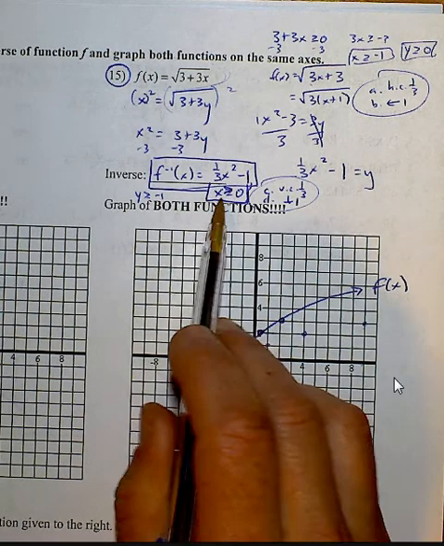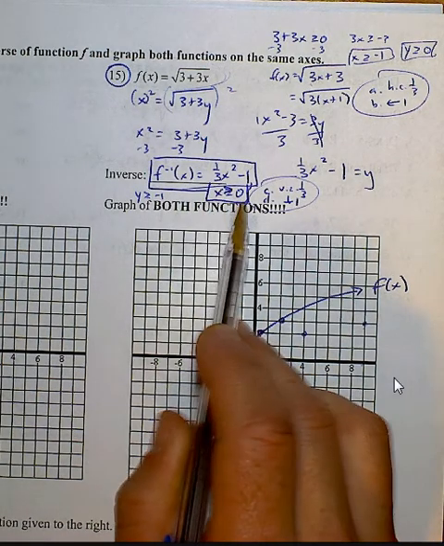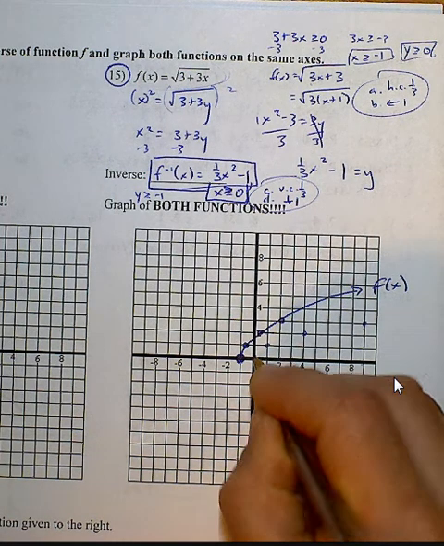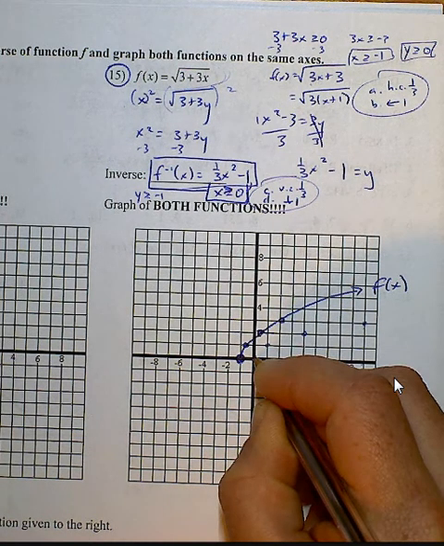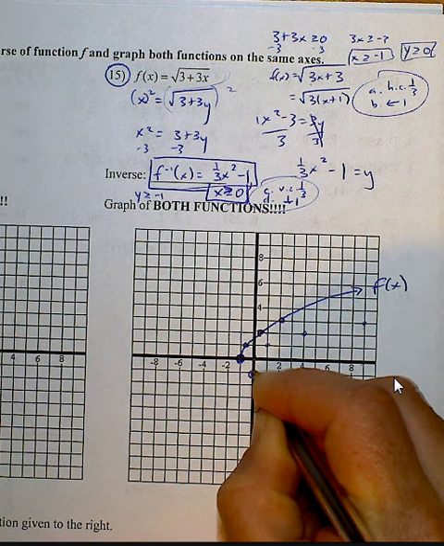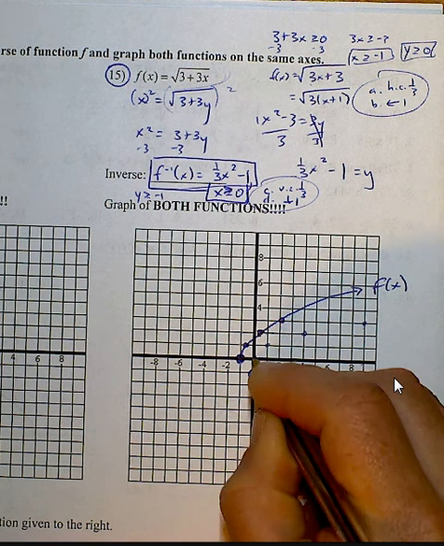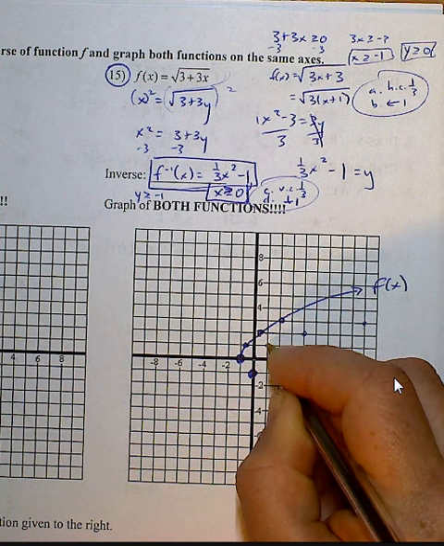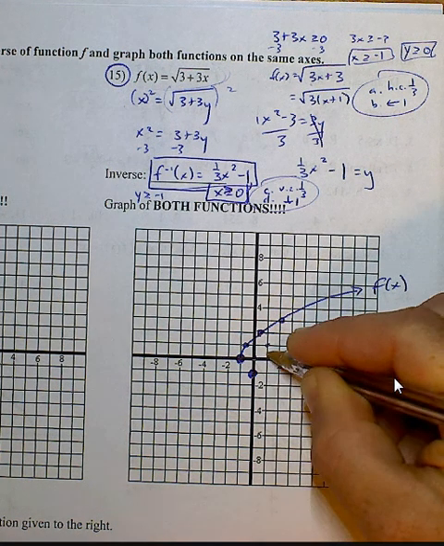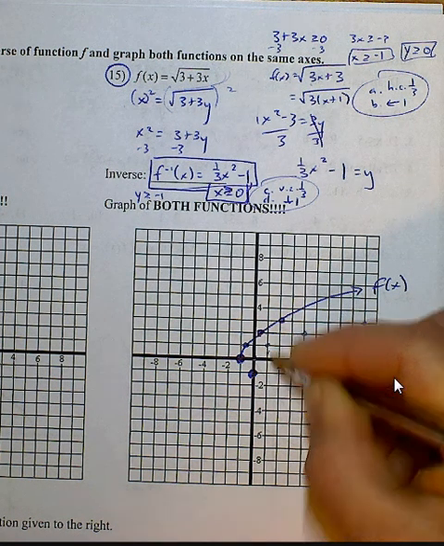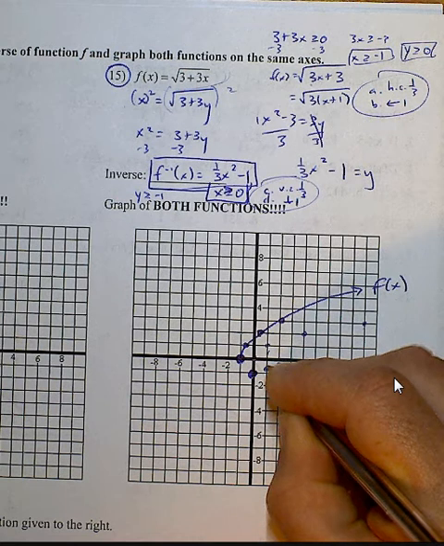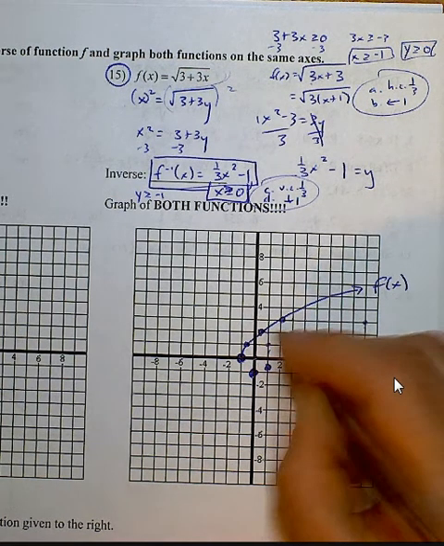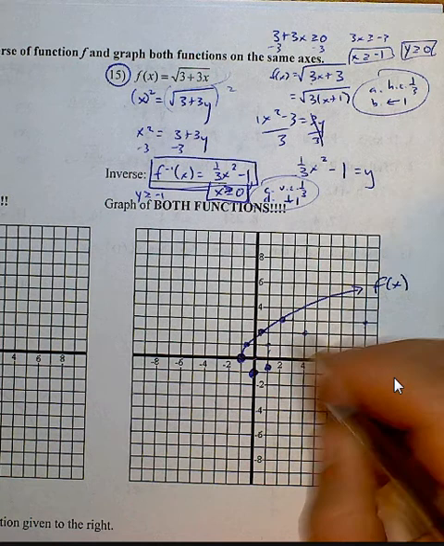So I'm only graphing this function when x is greater than or equal to 0. So if I take my normal parabola, and I start at 0, 0, if I do a vertical compression, I don't go anywhere, but then I'm going to go down 1. The next point on my parabola is also this 1, 1 point. I'm going to vertically compress it, so I'm going to go down here, and then I'm going to go down 1. So you can see I'm doing the same thing vertically as I was doing horizontally in my function, because they're inverses, x and y flip.